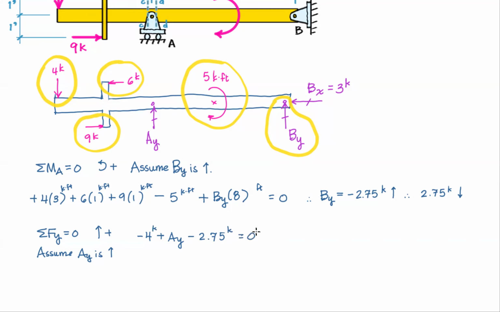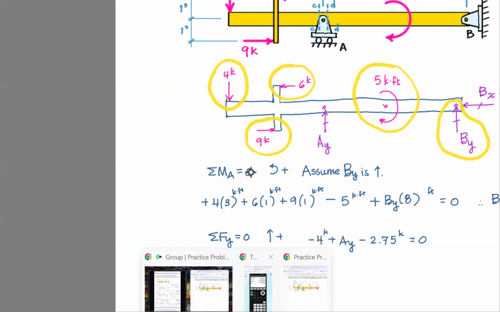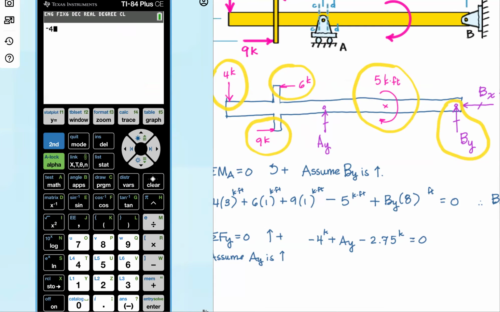Set that equal to 0. All right, so I've got my -4 minus 2.75 times -1, move it to the other side. And so I get 6.75 at A to balance all of this out.